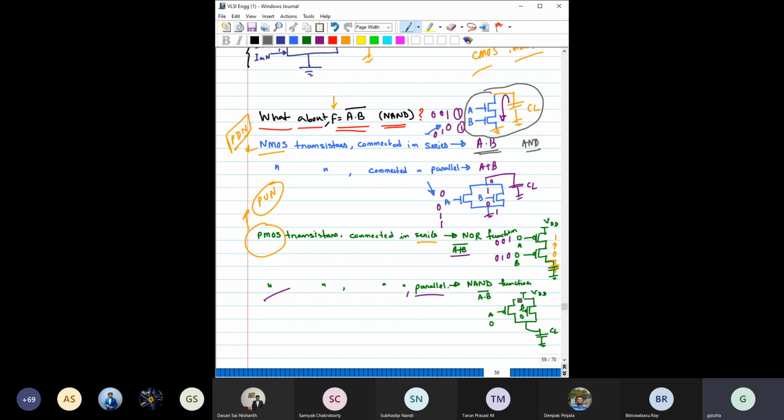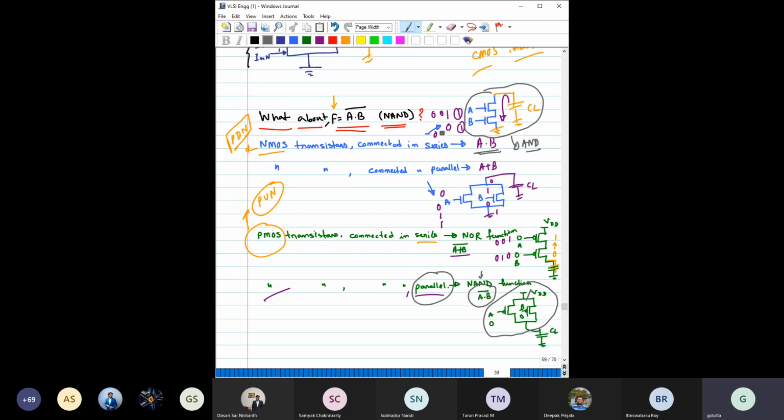Now, if you connect two PMOS in parallel, like this configuration, that would give you a NAND operation, right? So you can see series for NMOS, parallel for PMOS, they are giving the complementary output. For this, you are getting AND. For this, you are getting NAND. But here they are in series. Here they are in parallel. Basically that means they are the dual network.